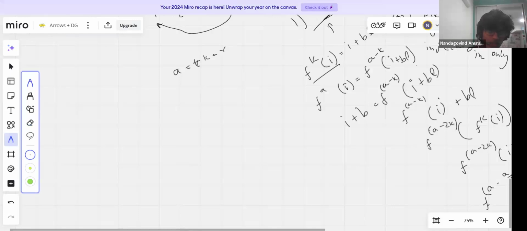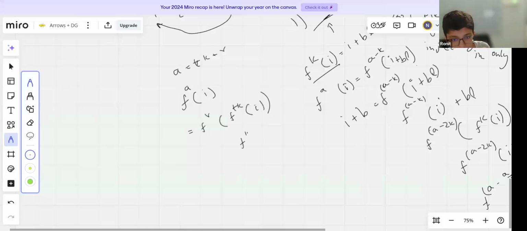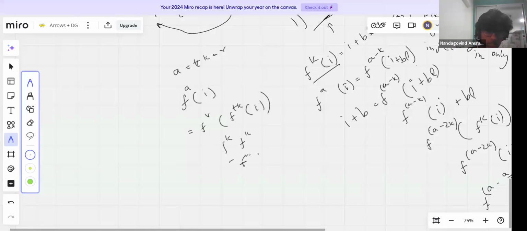So then f of a of I is equal to f of r of f of tk times I. Now f of tk I can just write as f of k, f of k, t times, and this is all just I. This will remain I. So this will just be f of r of I.